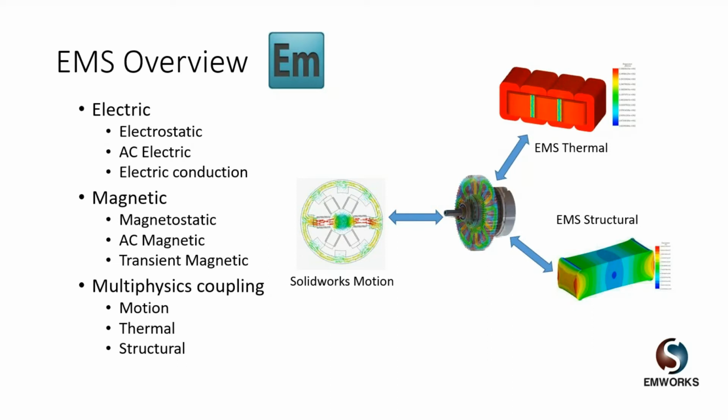In case you want to analyze an AC current source and all of the stuff that comes with it, then you would go with AC magnetic. The stuff that you get with AC magnetic in addition to magnetostatic would be eddy current losses, induced voltage, some of the stuff that you cannot get in the magnetostatic case.